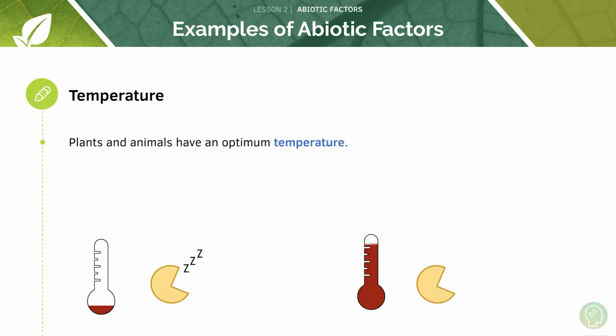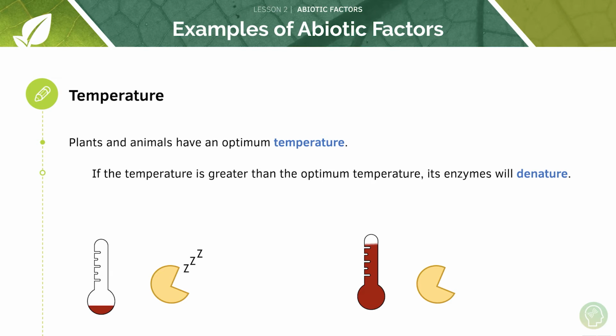Now, similarly to light intensity, temperature is an abiotic factor, and both plants and animals have an optimum temperature to work at because of their enzymes. There have been previous tutorials on this, so go back and have a look at those for more detail on enzymes and their function and their action at optimum temperatures.